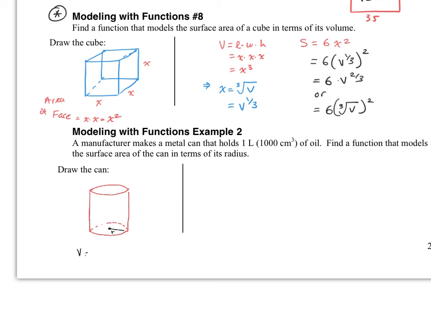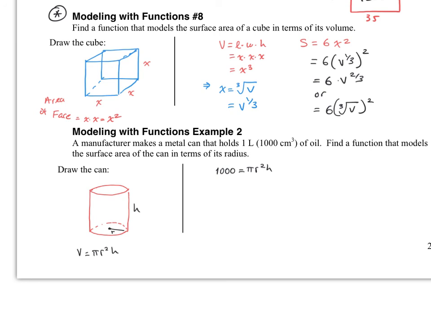Now the volume is equal to pi r squared h, where h is the height of the can. This question is very similar to the previous one, except that instead of a cube, it has a can. Now the volume is 1000, so this is equal to pi r squared h. This is what I mean by fixed. The volume is not going to change in this case.